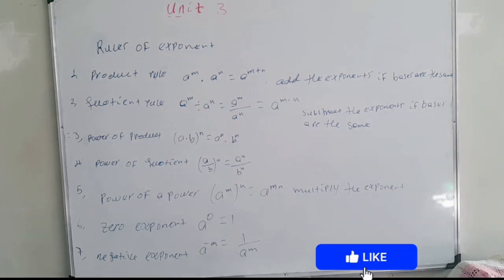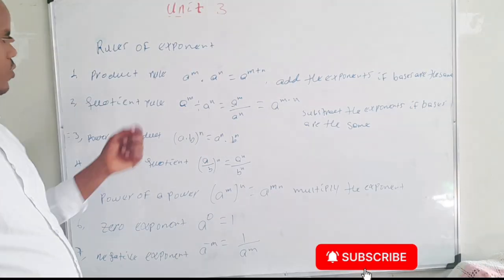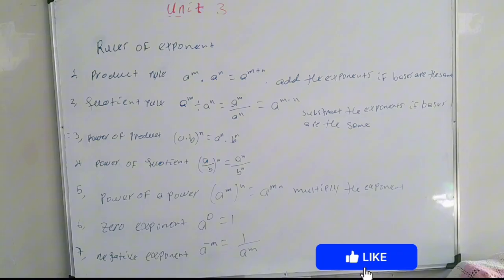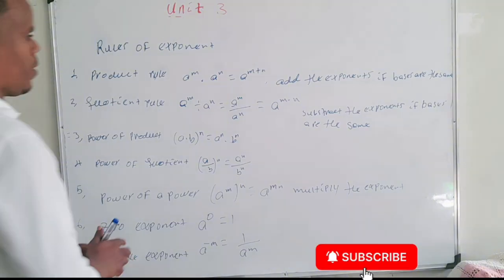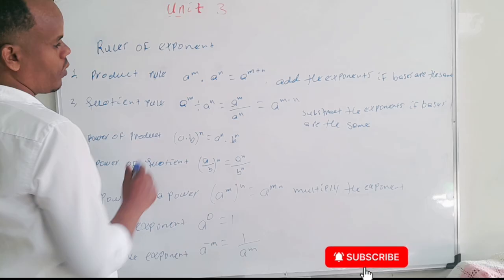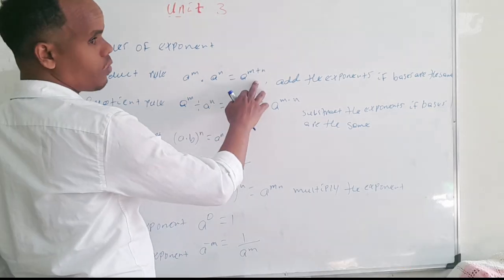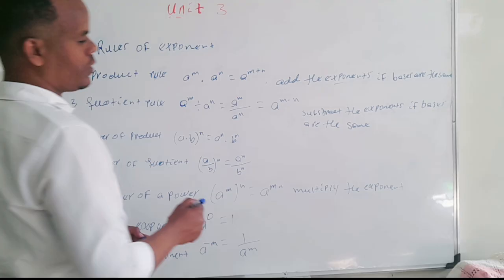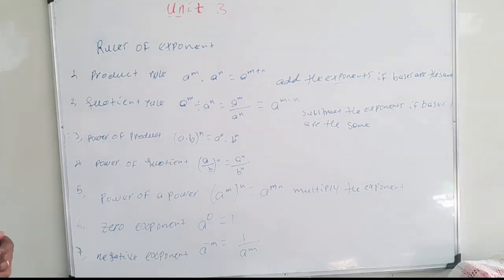The rules of exponent: the first one is the product rule, a to the power of m times a to the power of n equals a to the power of m plus n. Add the exponents if the bases are the same.